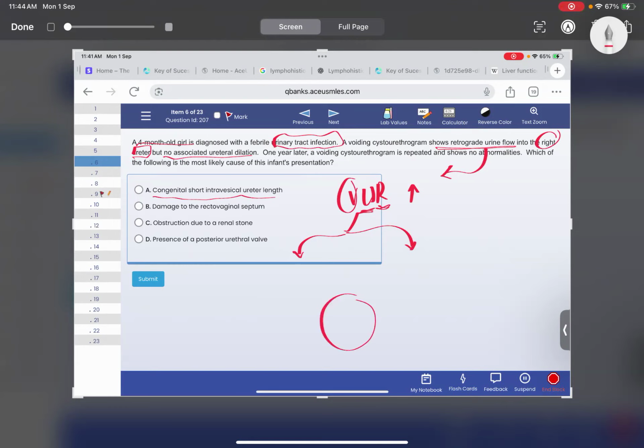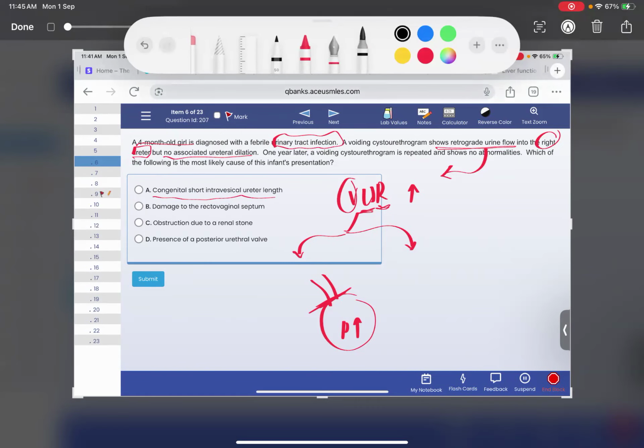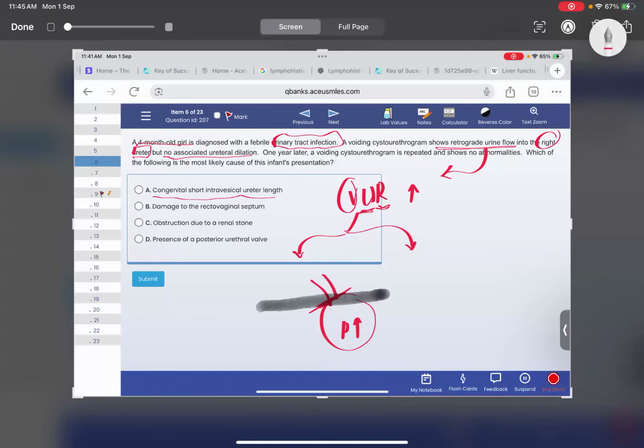Either the pressure in the bladder is high, or we have a problem in insertion of the ureter. Getting my point? If the problem is below the ureters, we call this secondary, and above is primary.